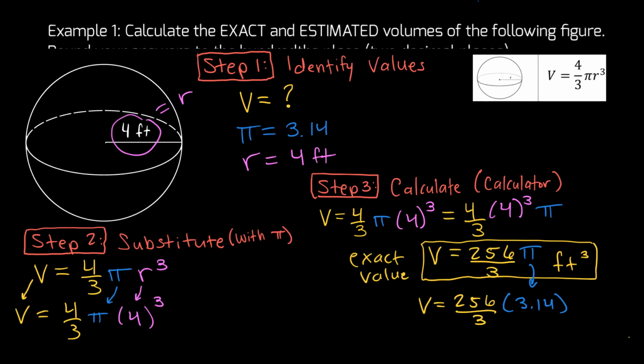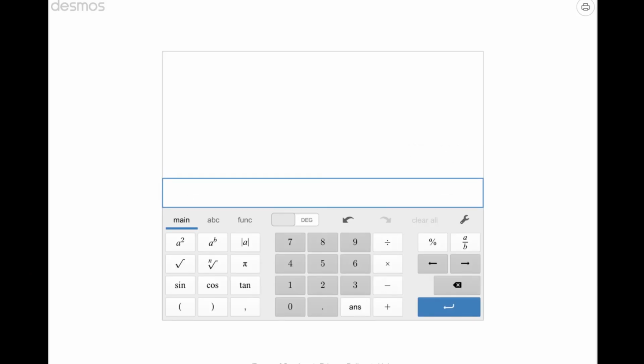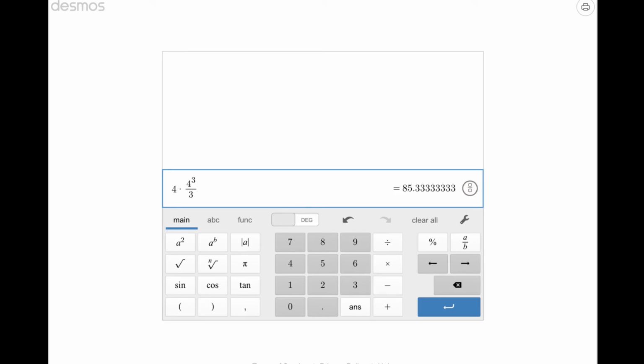That's my answer. So now I'm going to do 4 times 4 to the third power divided by 3. Divided by 3, and then all that times 3.14. And you get 267.94666667.